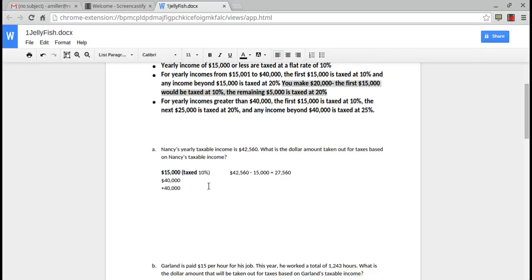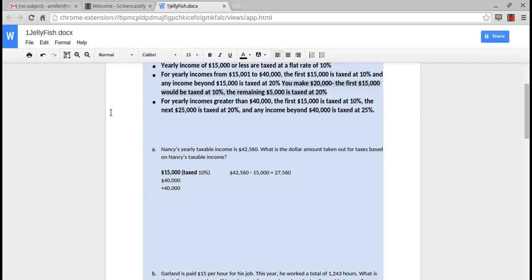So we have another $25,000 remaining between $15,000 and $40,000. You can see that because my original amount is more than 40,000, and look right up here. Hold on, let me highlight it for you. It says for incomes greater than 40,000, which is what Nancy's is, the first 15,000 is taxed at 10%. We marked that right there. The next 25,000 is taxed at 20%. So that needs to be our next bracket, $25,000, taxed at 20%.